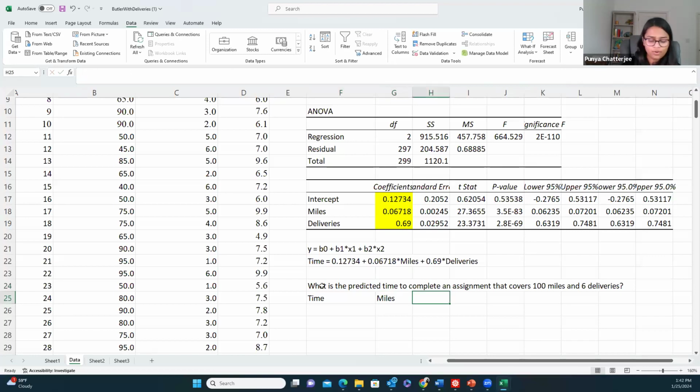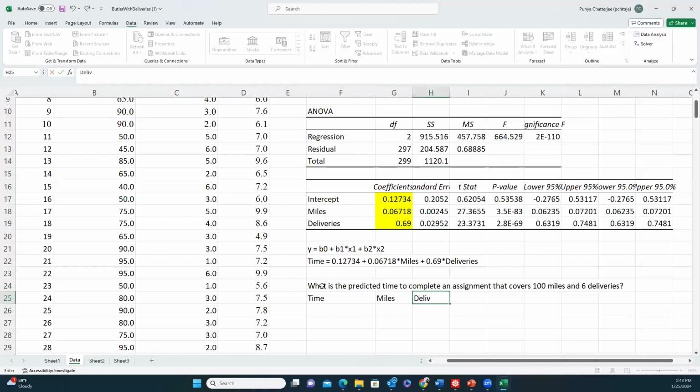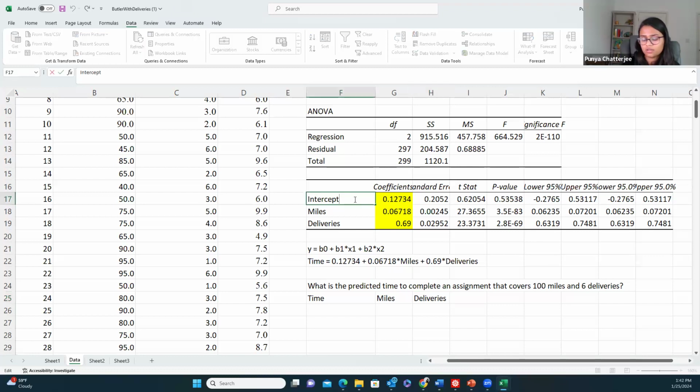Can anyone give me the number? So B0 is the intercept. That's right. So your B0, or you can say, basically, this is your B0, right?